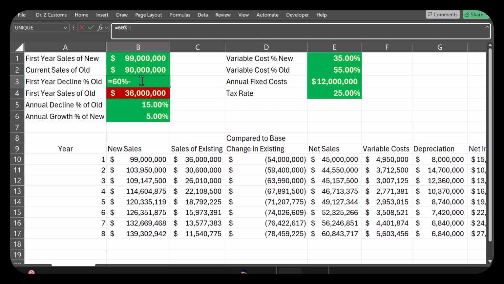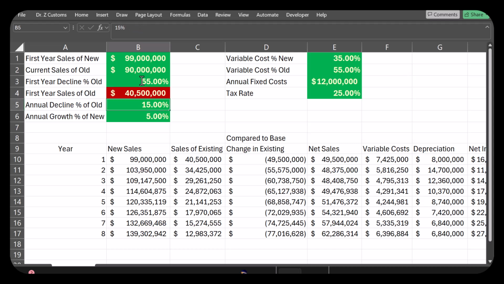I mean, you can see it by entering the numbers, but if my first year rates are not declining as much as I thought they were, that actually increases the NPV. Remember, decline in the sales of the existing products is a negative factor. So if I decrease that by 5%, that's better.